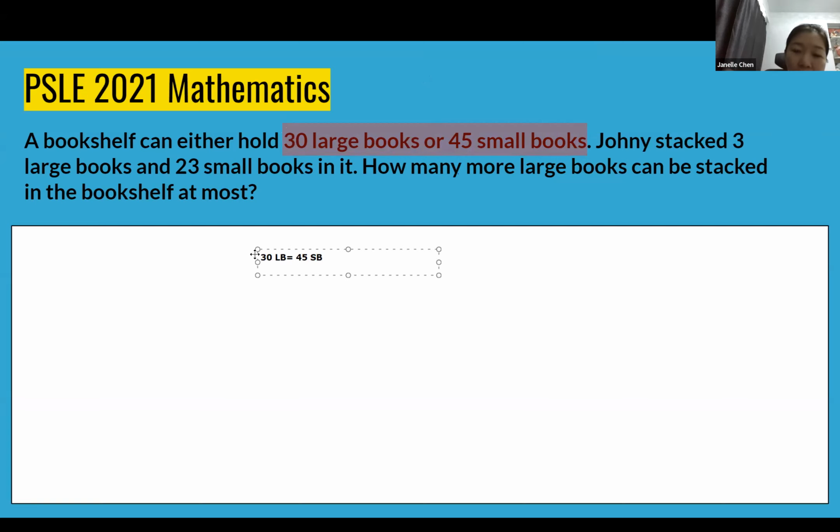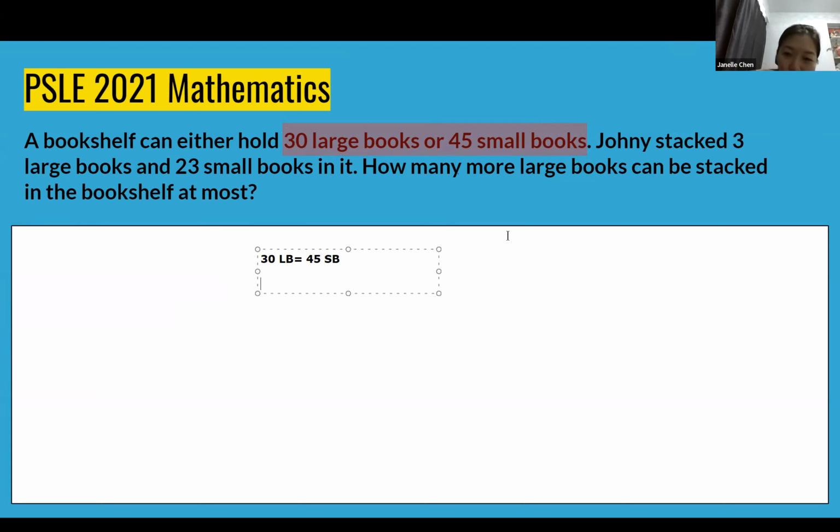Because the bookshelf can either hold 30 large books or 45 small books. So the capacity of 30 large books versus 45 small books, they are the same.